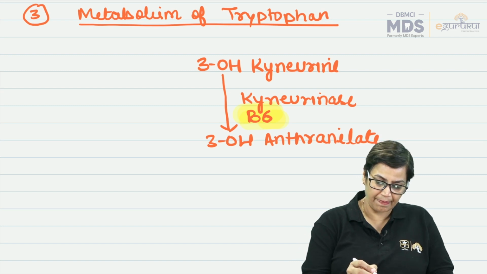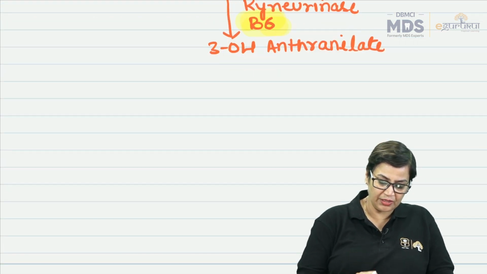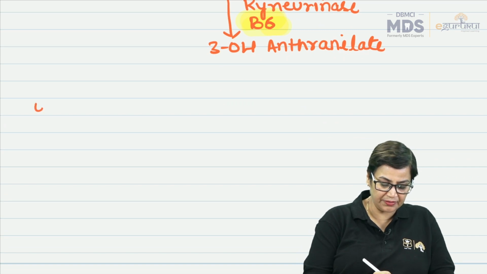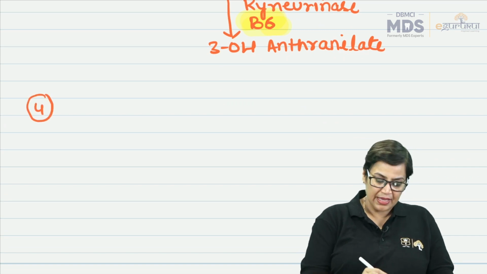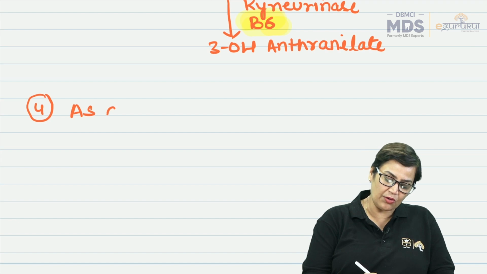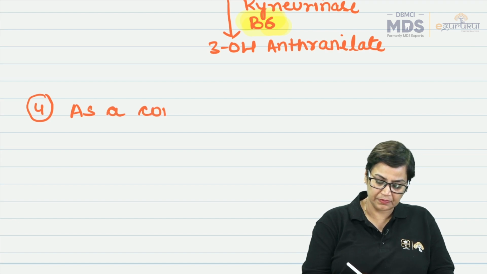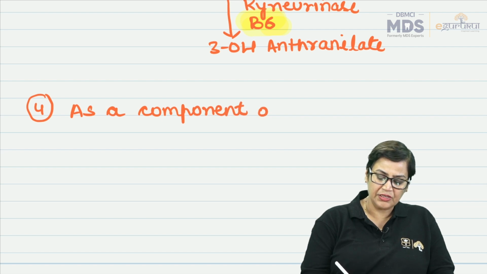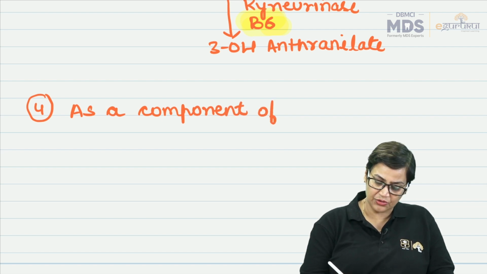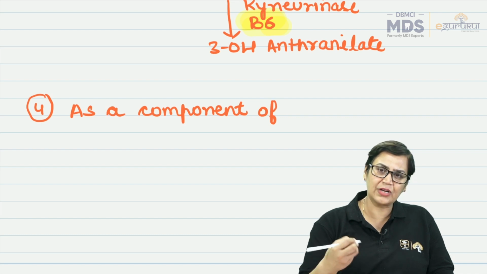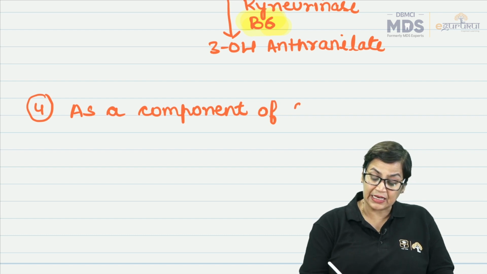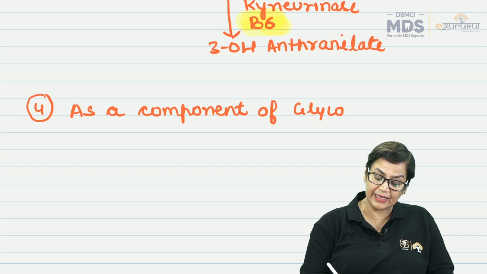Then, moving on to the fourth reaction, B6 is a component of glycogen phosphorylase.